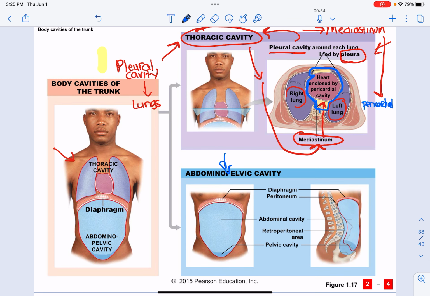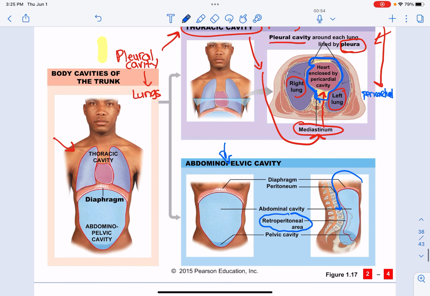It is just going to house some of the abdominal or digestive organs. However, there is something interesting that comes up: there are some organs that sit outside of the cavity, and they are called retroperitoneal. I'm going to talk about this later; I don't really need you to know it right now. We're going to come back to that. Let's just stay focused on these cavities and what they're called.